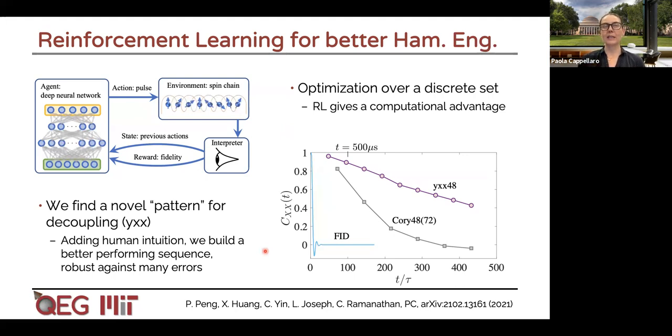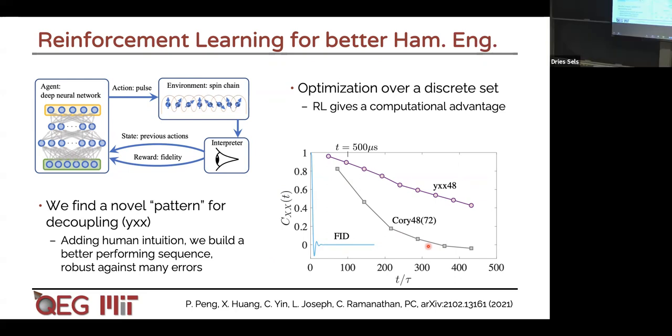In the fluorapatite, we have some disorder. It is not super strong, but we have some disorder. And so we were also trying to make it robust against disorder, which not all sequences are. So Cori 48 will also refocus disorder. So that's why we chose to compare it to that. Waugh will not refocus disorder, for example. Thanks.